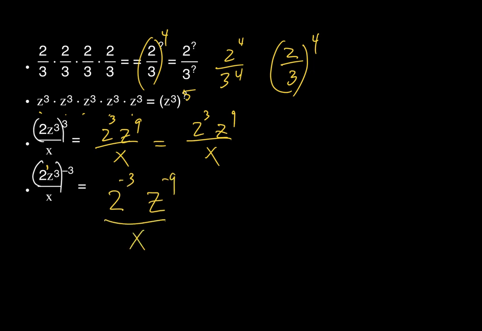This is all over x. And then I use the principle that negative exponents means they need to go to the denominator. So that's going to be 2 cubed, there's the x, z to the 9th. When they transition from top to bottom, negatives become positives, and vice versa. If it was on the bottom as a negative, it goes to the numerator as a positive.